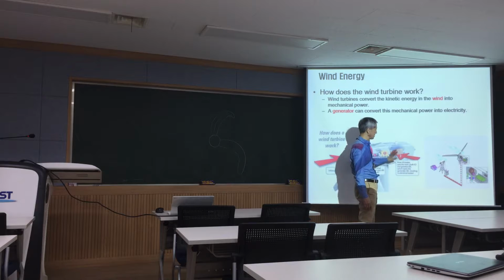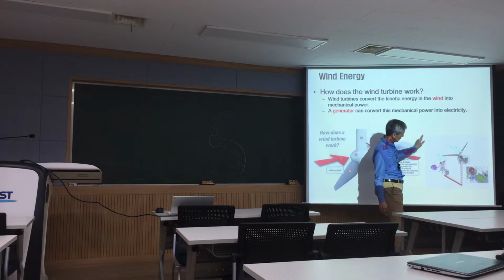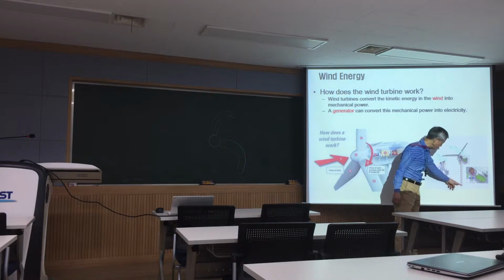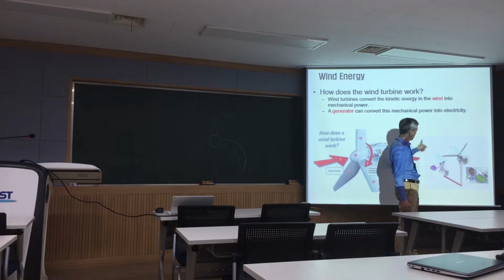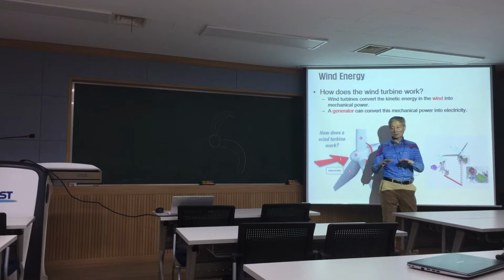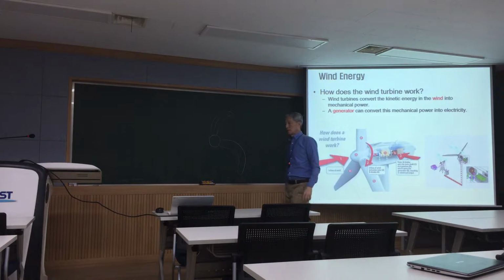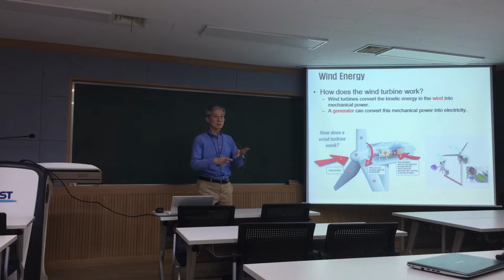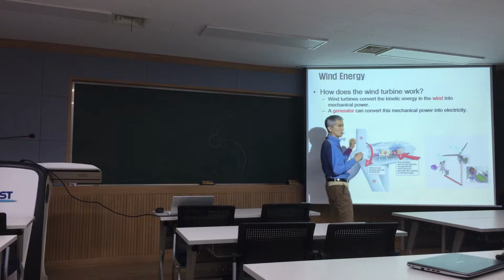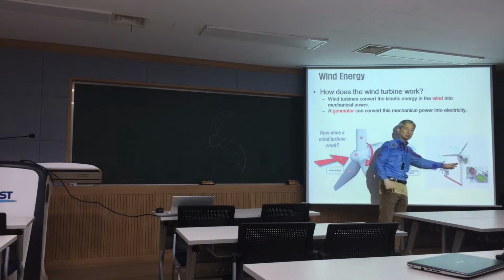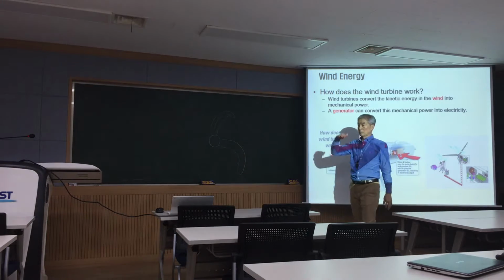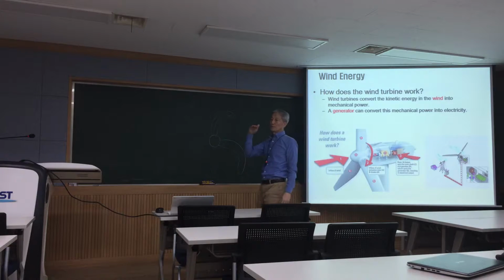Electrical output, very simple. Then you need to transfer the electricity into the grid. But there should be some upgrade of voltage, and sometimes frequency should be changed. That gives you several processes, and also the smart grid, because the wind blows with fluctuation and variations.